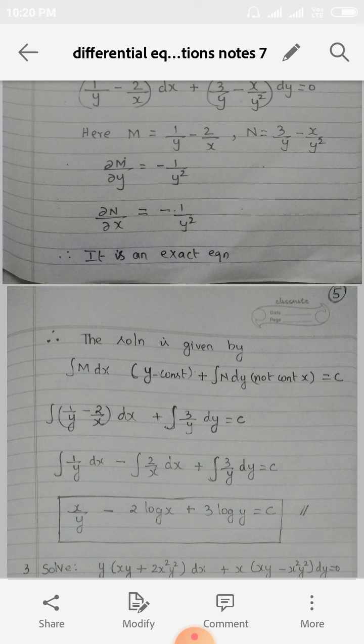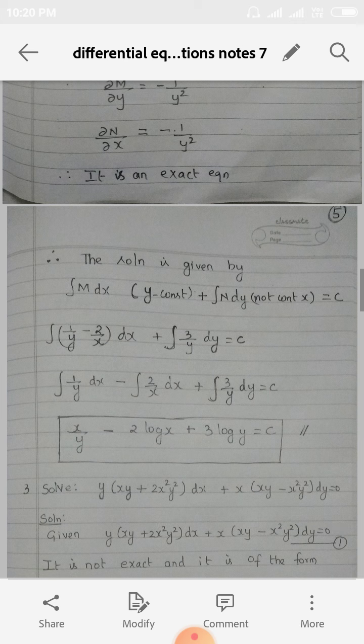In the term N, we should not take the x term. That is 3 by y into dy is equal to c. So after integrating, we get integral 1 by y dx minus integral 2 by x dx plus integral 3 by y dy is equal to c. So we get x by y minus 2 log x plus 3 log y is equal to c.